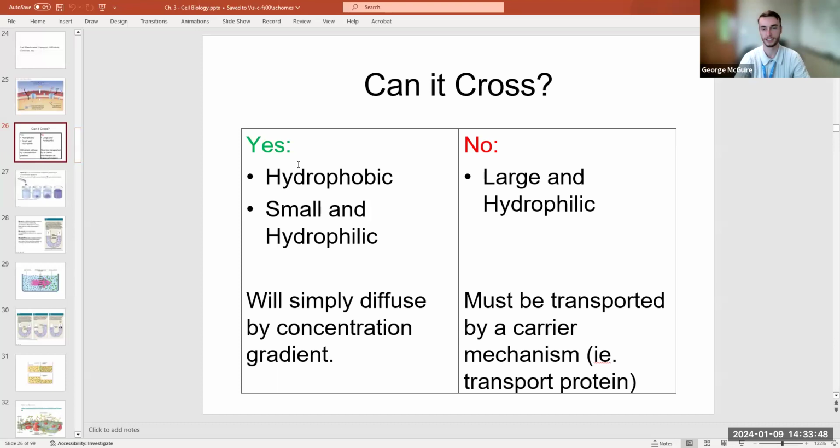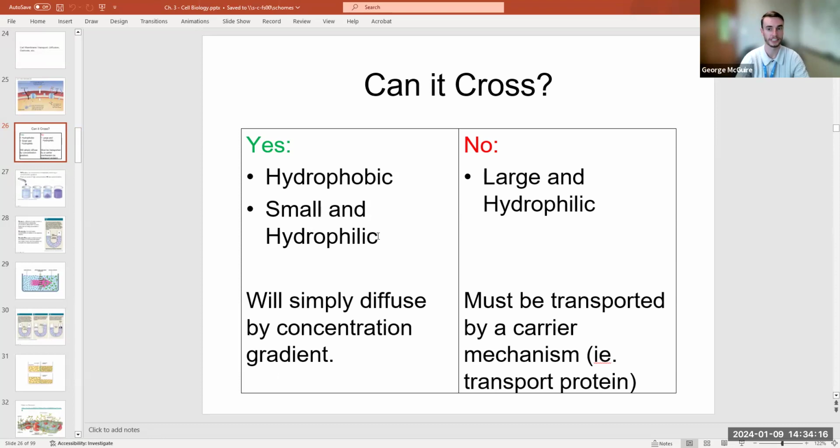And so molecules that can cross that membrane and thus will simply diffuse based on their concentration gradient are typically molecules that are small and hydrophilic, or I guess if they are hydrophilic, they must be small, is what I'm trying to exemplify here. So if they are carrying a charge, if they are able to bond with, interact with water, they must be very small to be able to cross that plasma membrane through diffusion.